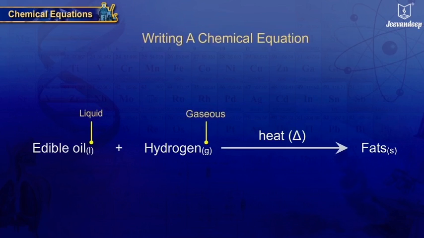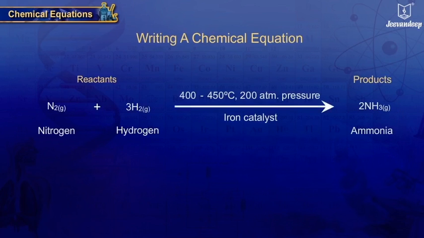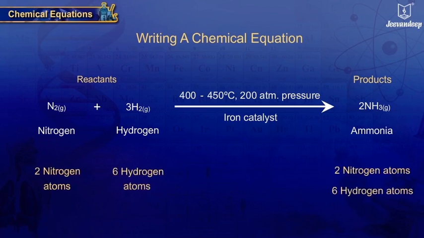The gaseous, liquid, and solid states are symbolized as G, L, and S respectively. For example, edible oil L plus hydrogen G gives fats S. The chemical equation should be balanced, that is, the number of atoms should be same on left-hand side and right-hand side of the chemical equation.